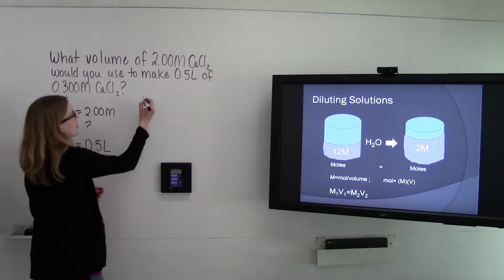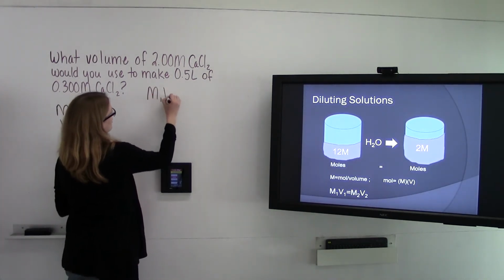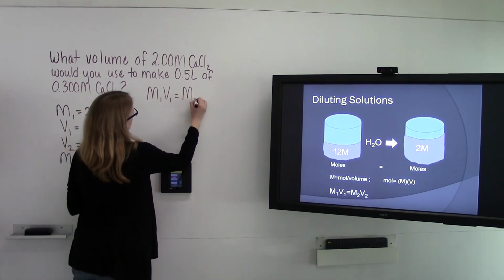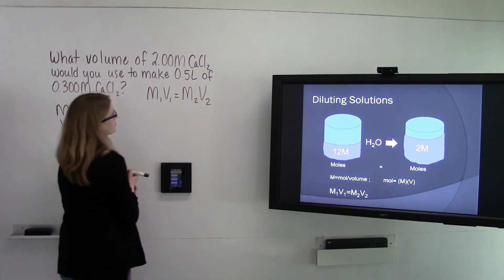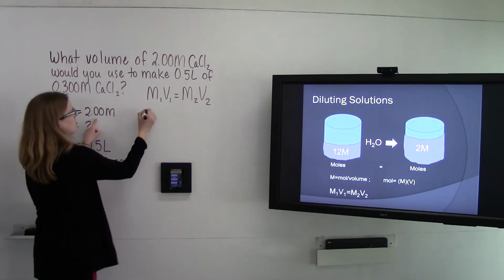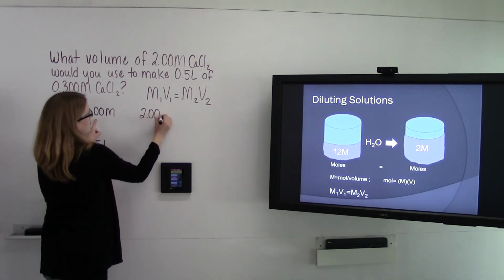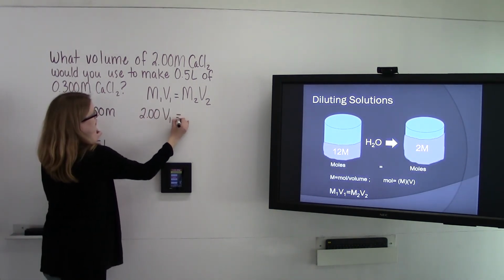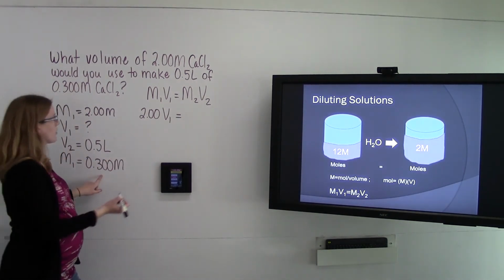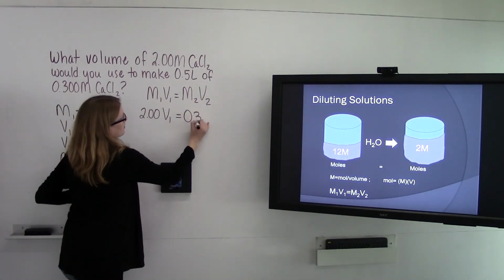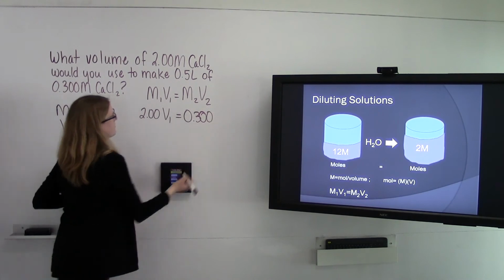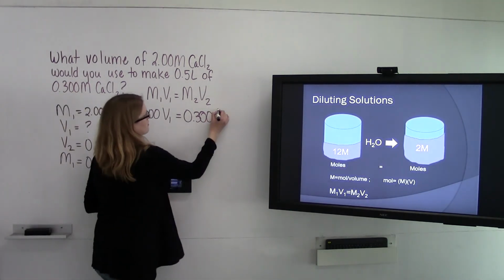Now it's just a plug and chug. We're going to use our dilution formula. M1 is 2. V1 we're trying to find. M2 is 0.3. And V2 is 0.5.